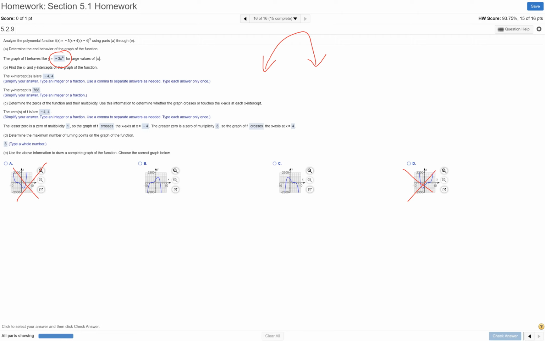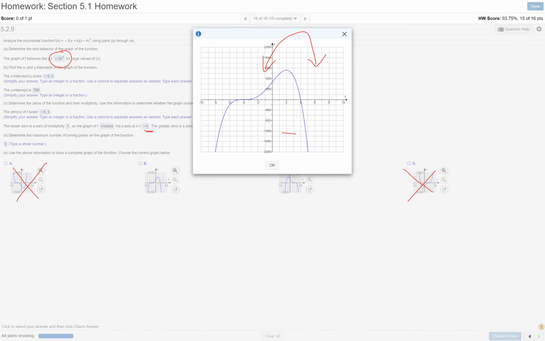For both cases, they're going to cross. It's hard to tell. The only difference between these two is that this one has a solution at negative 4 and positive 4, with the y-intercept at, looks like, 768.